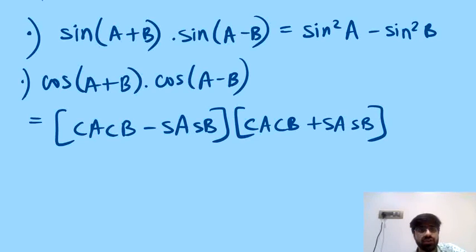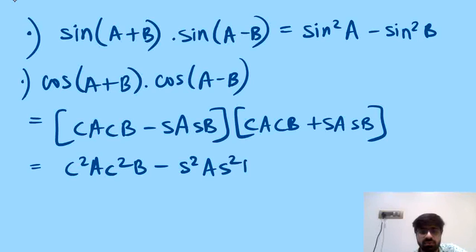Again this is of the type a minus b into a plus b. A minus b into a plus b will be a square minus b square. So a square means square of this, that is cos square a cos square b, minus b square means the square of this, that is sin square a sin square b.